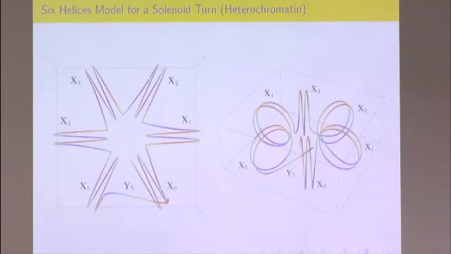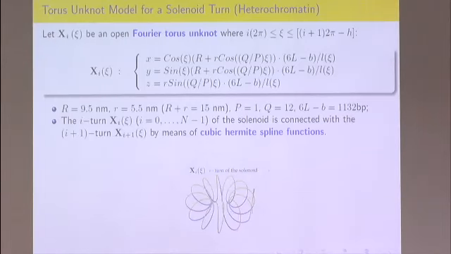So this was the first model that I call 6 helices. The second one is much more simplified. We suppose to model one single turn of the solenoid by a torus unknot that is given by this parametric equation, where again psi is a parameter along the curve, and capital R and small r represent respectively the big and the small radius of the torus where the knot belongs.